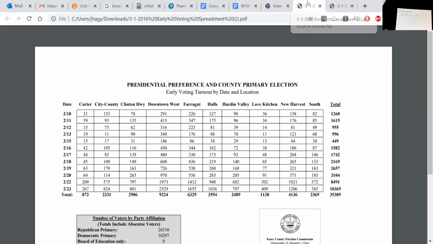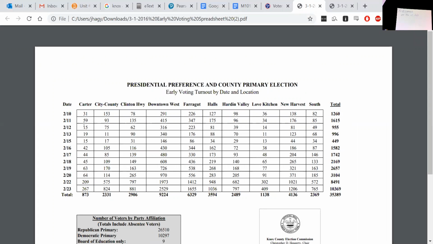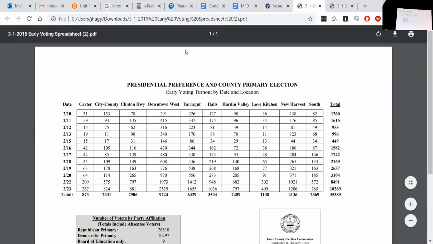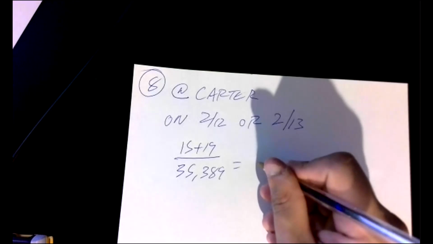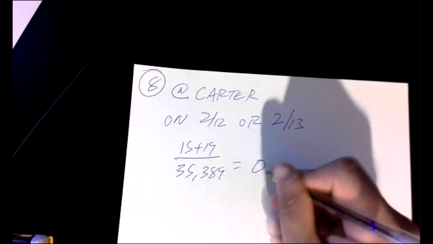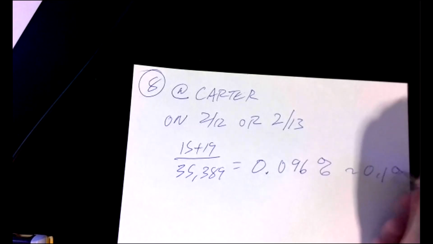So if we look at our data, someone who voted at Carter on either 2/12 or 2/13 will be these 15 and these 19, so we add them together. Not very much. 0.096%, approximately 0.1%.